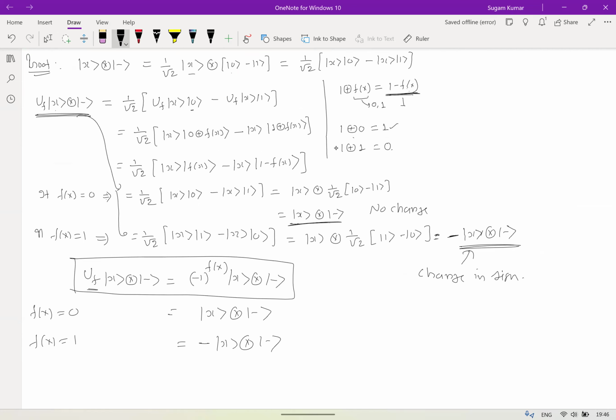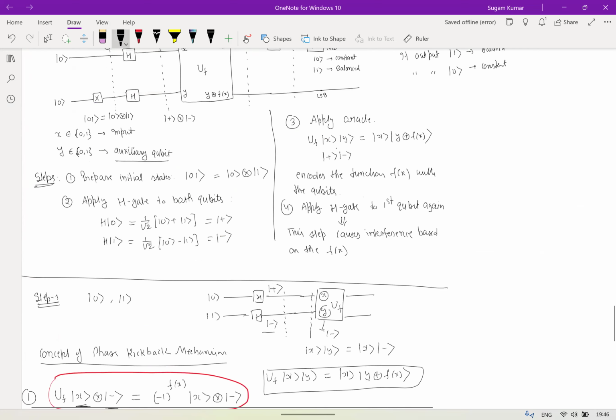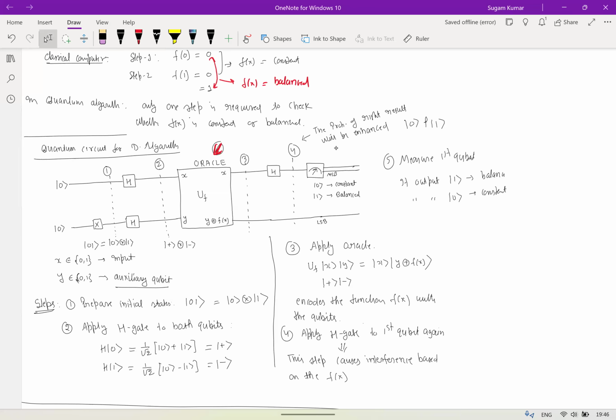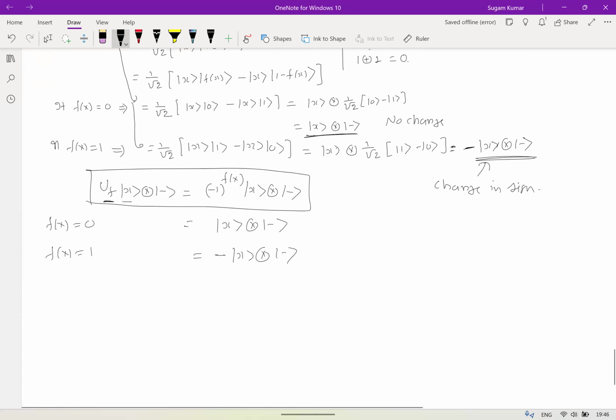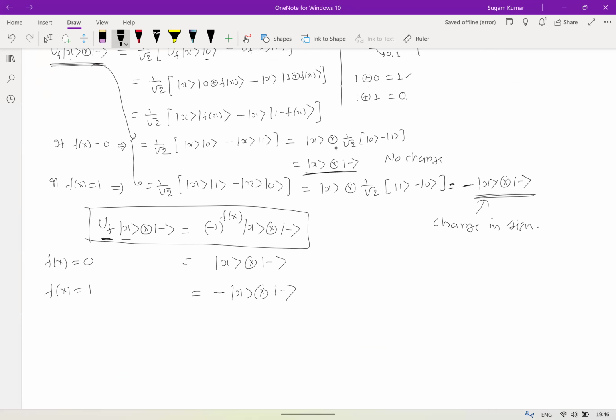When you apply this UF on X and Y, then, as I told you earlier, when you talk about Oracle, what Oracle does is encode the function fx with the qubits. So you can see here, this is what it's doing. When you apply Oracle UF on the XY, it is going to encode this function with the qubits, and particularly with the first qubit.